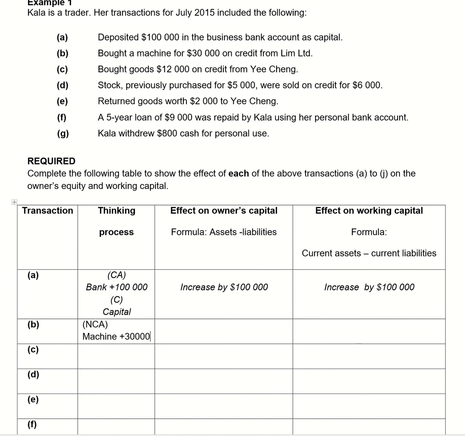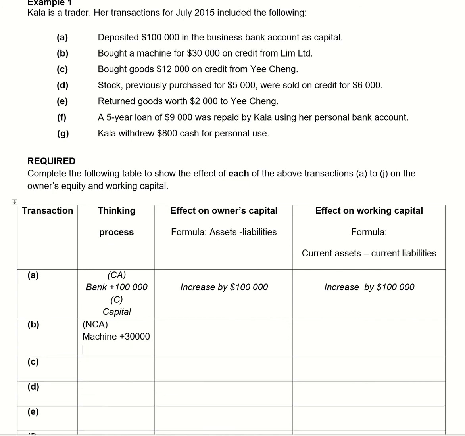When you buy machines, ask yourself, have we paid for the machine? Since the question said bought a machine on credit from Lim Limited, who is Lim Limited? Lim Limited must be our supplier.